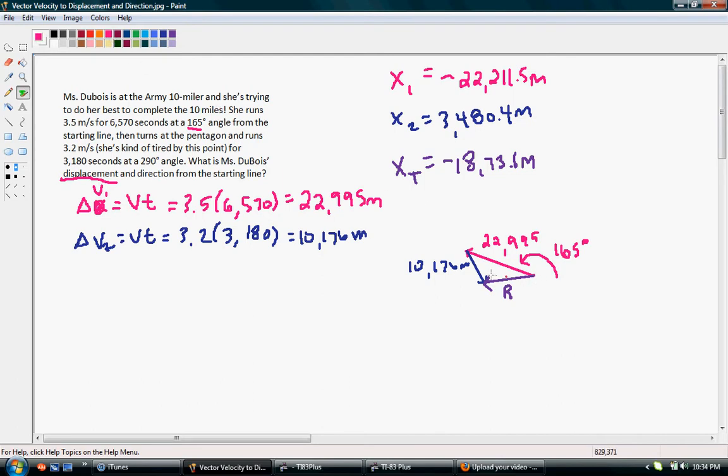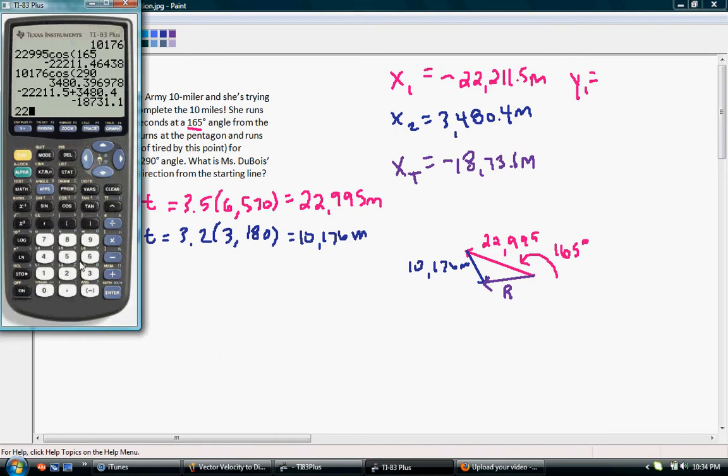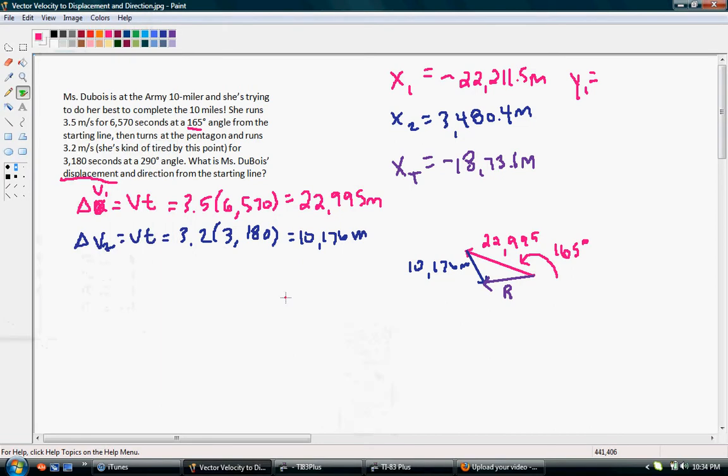Then we'll do the same for the y. To figure out how far up our first vector went, y1 is equal to hypotenuse sine theta. Our hypotenuse was 22,995 sine 165, and we get 5,951.5 meters. That's a comma right there.